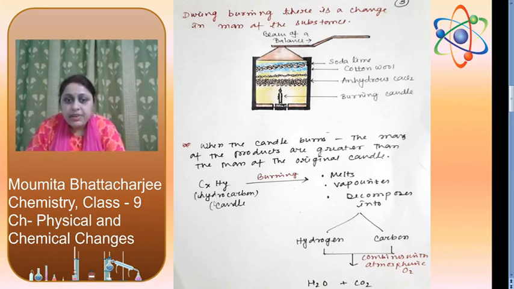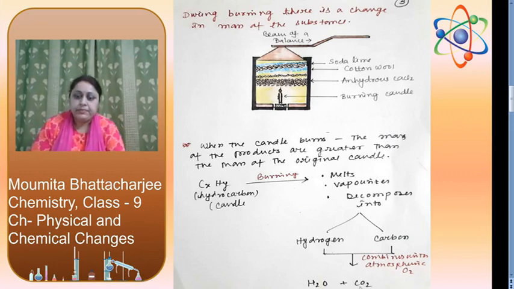Here CxHy is a hydrocarbon, this is a candle. On burning, it will melt first, then vaporize, then decompose into hydrogen and carbon. This hydrogen and carbon will combine with atmospheric oxygen to form water and carbon dioxide.